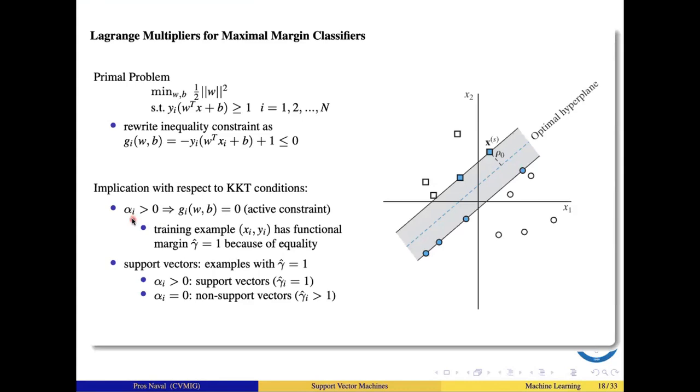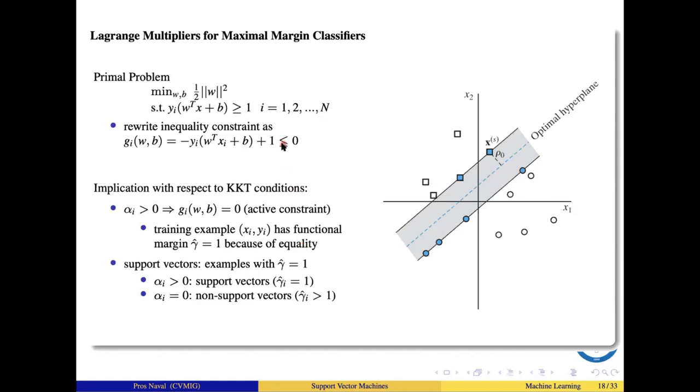When the alpha subscript i is greater than 0, then we said that the inequality constraint is going to be 0, an active constraint. What does that mean? This means that the training example has a functional margin equal to 1 because of equality.